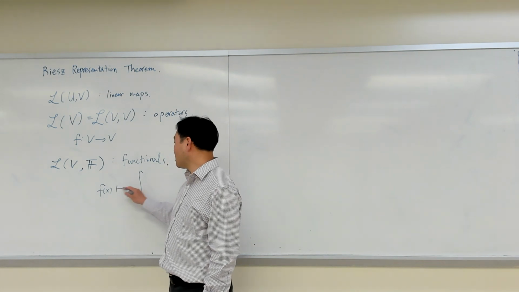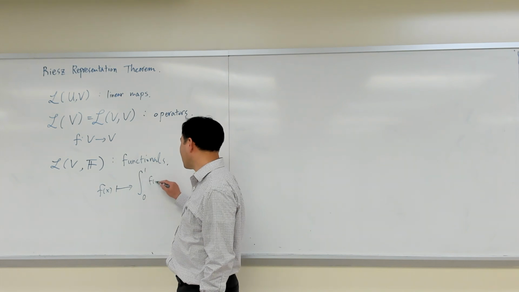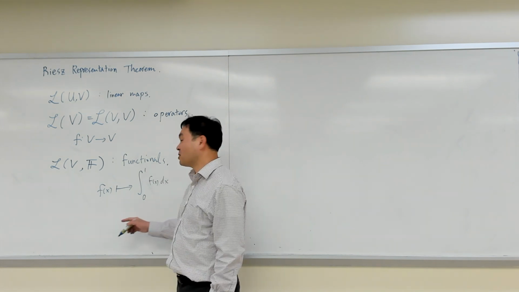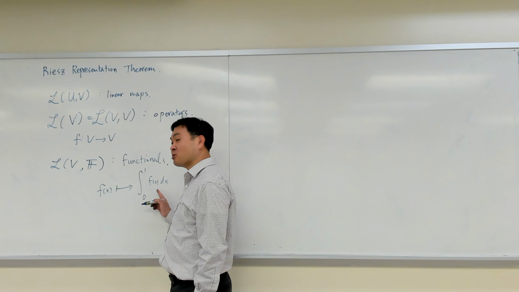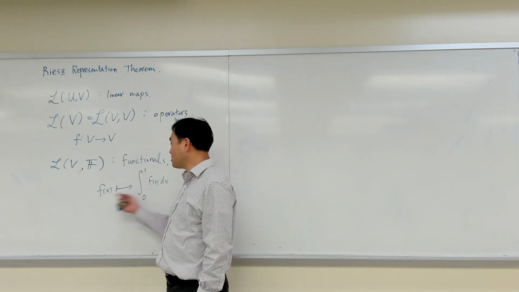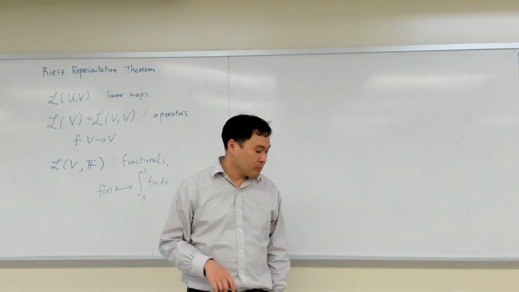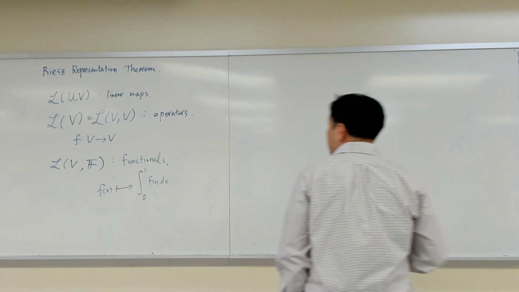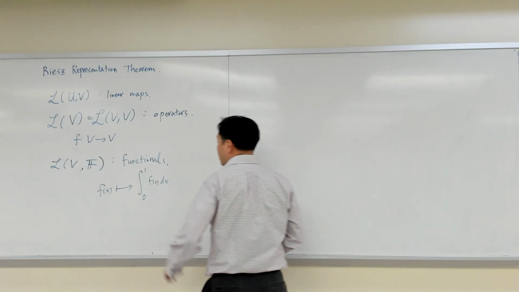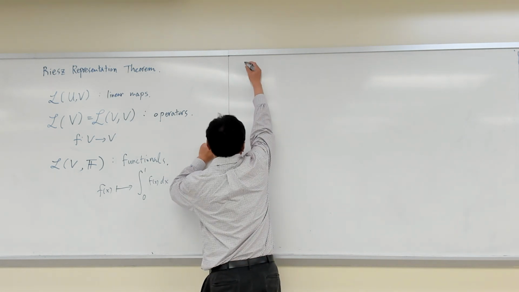So if you take a function and map it to the integral from 0 to 1 of f of x dx, then it gives you a number, right? And integration is linear, so this is an example of a functional, right? Okay, so if you have a functional, then there's something called the Riesz representation theorem.